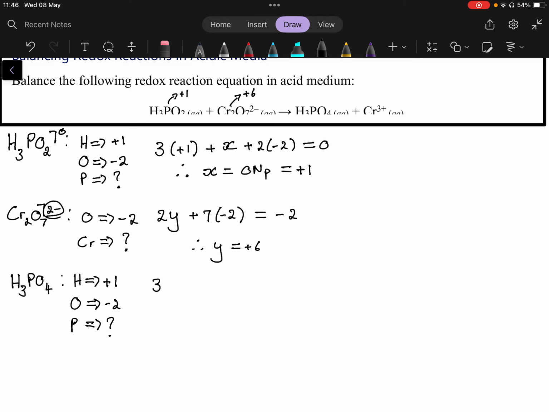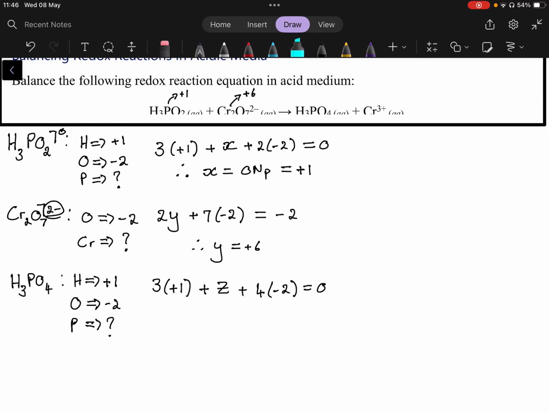So we set up the equation. It's 3 times +1 plus we want to determine that of phosphorus plus 4 times -2 needs to be equal to 0 because it's a molecular compound. Its total charge needs to be 0.